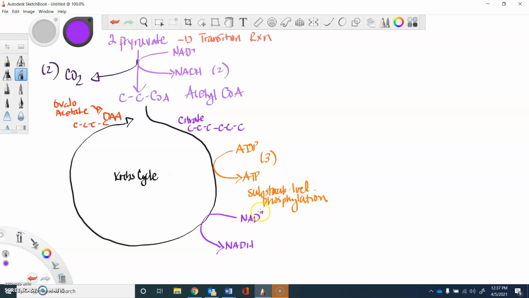Well, with one cycle of the Krebs cycle, we get 3. All right. And then we also get an FADH2. And we get 1 of those.